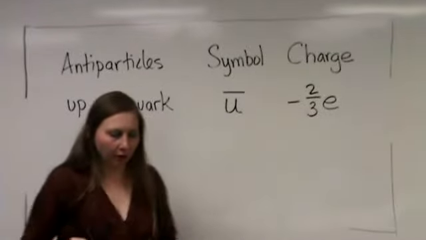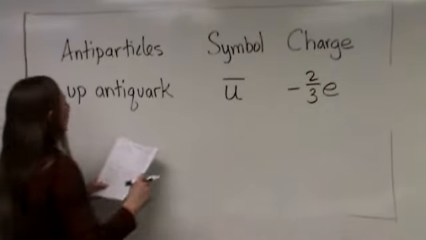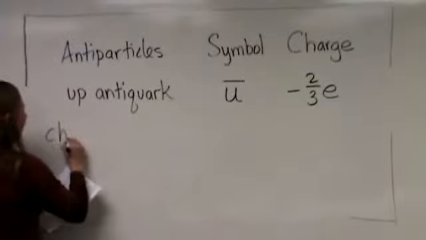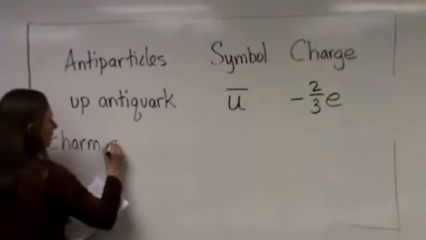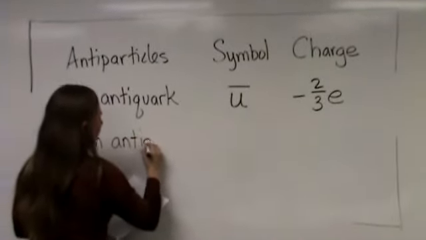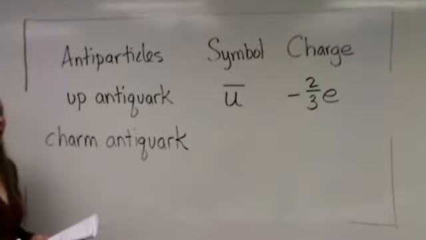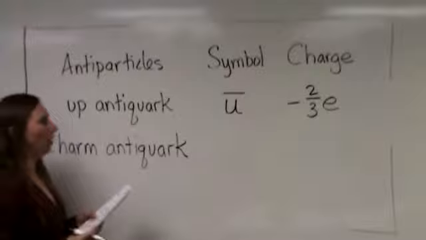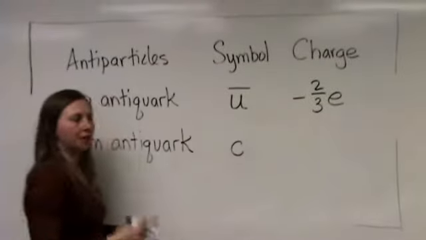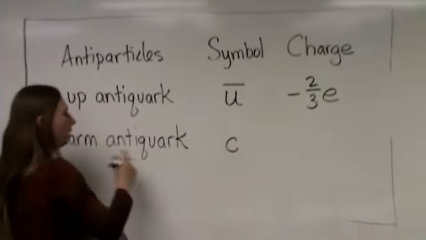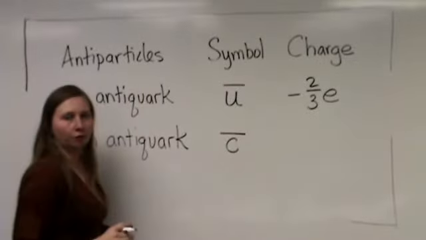Let's look at another example, a charm antiquark. The symbol for the charm quark is C, but if we mean the charm antiquark, put a line over it.